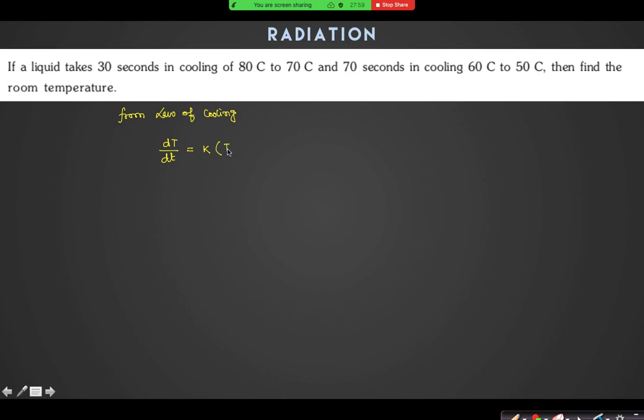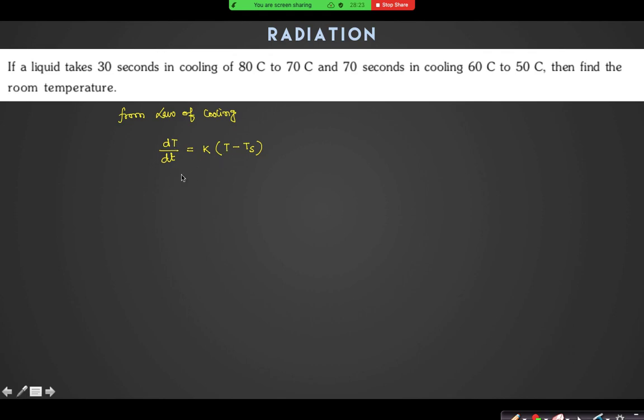Here the body temperature is more than the surrounding temperature, so I can write T minus Ts. If I take this minus sign here, otherwise Ts minus T. dT by dt is negative because the temperature decreases. I have only found the magnitude, that is why I have taken the negative sign here.